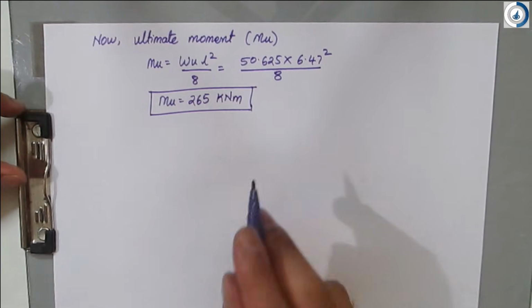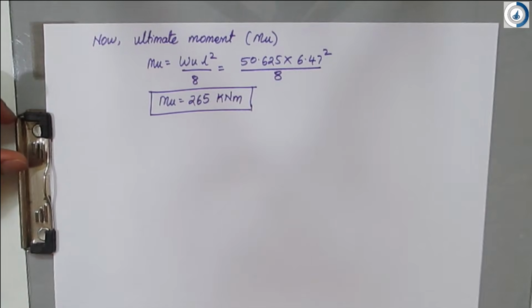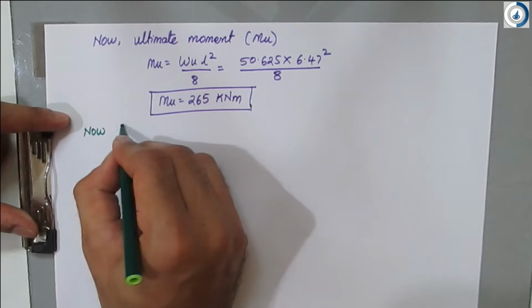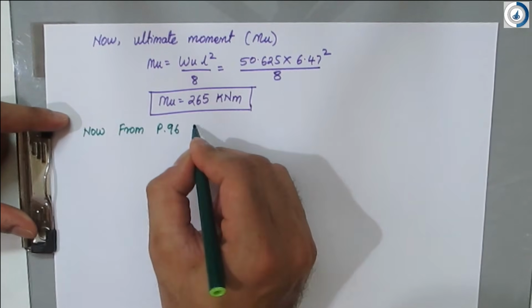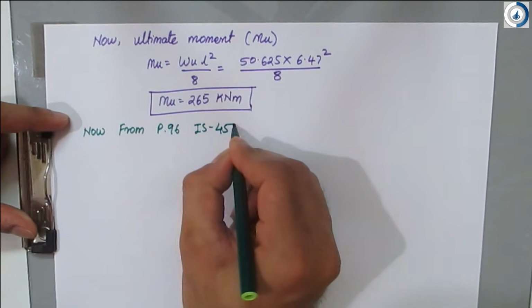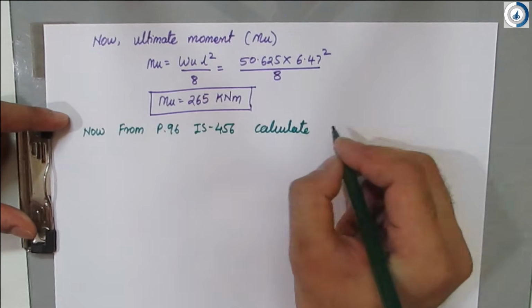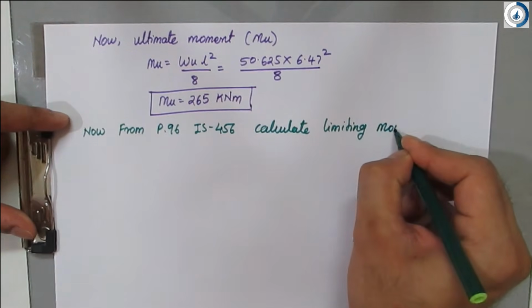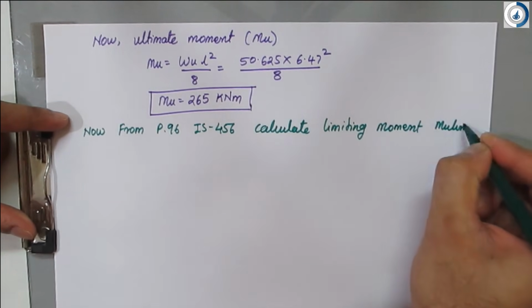Now we have to check the limiting moment, and it is given on page number 96. From page number 96, IS 456, calculate the limiting moment, that is Mu limit.